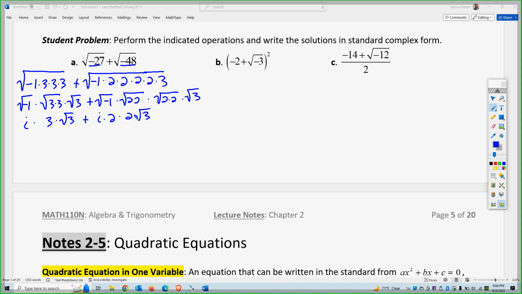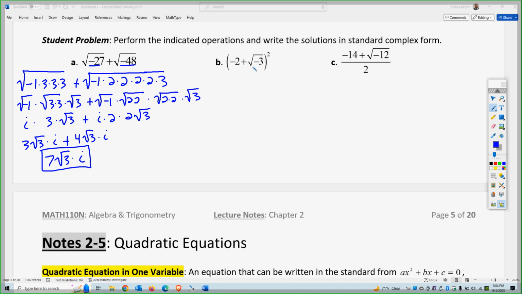So what I really have here is 3 root 3I plus 4 root 3I, which is 7 root 3I. Okay, I like it.